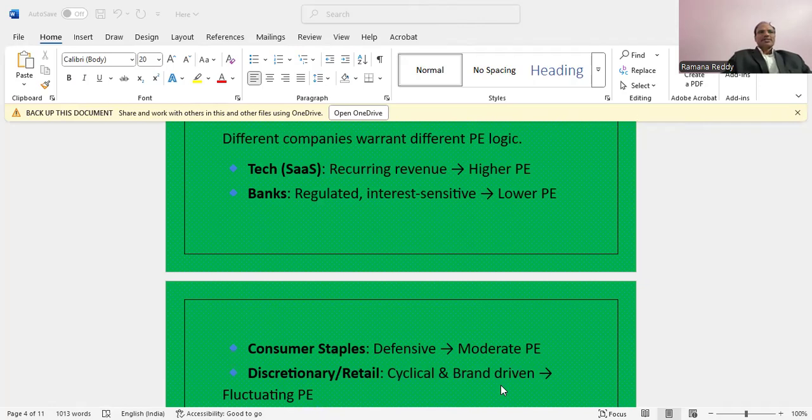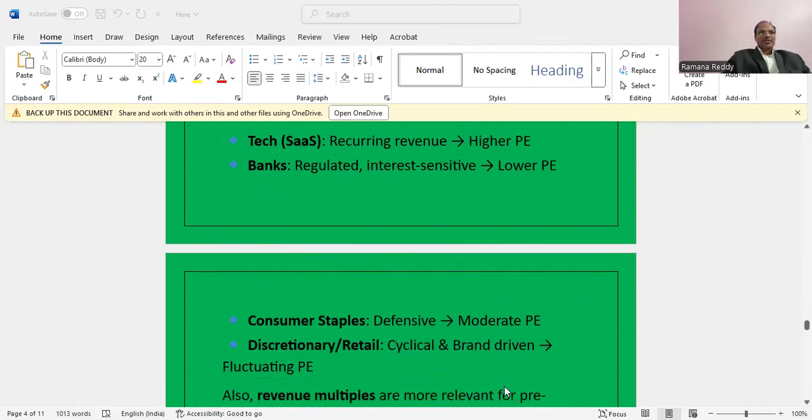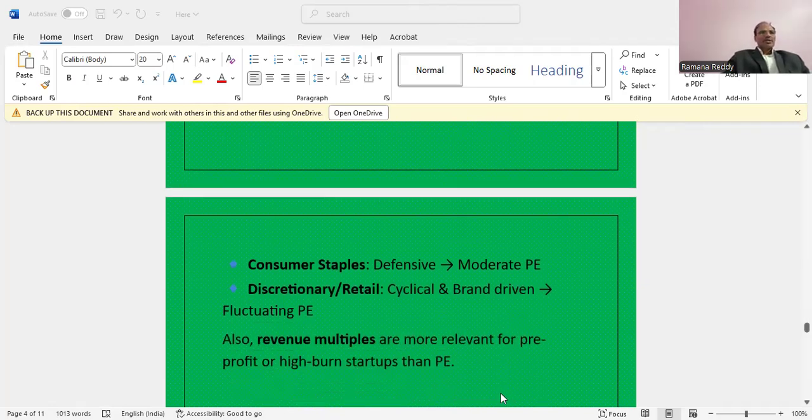Discretionary retail, cyclical and brand driven, so fluctuating PE. Revenue multiples are more relevant for pre-profit or high burn startups than PE.